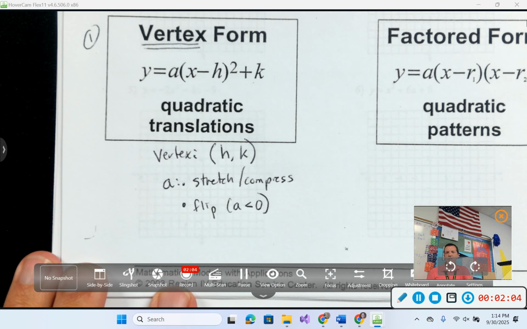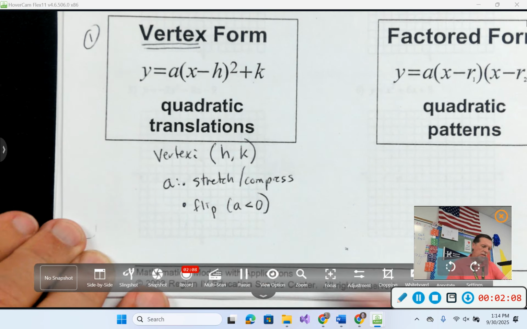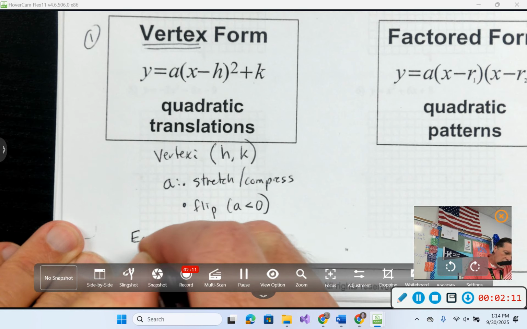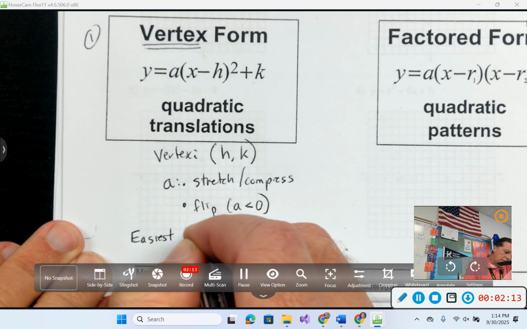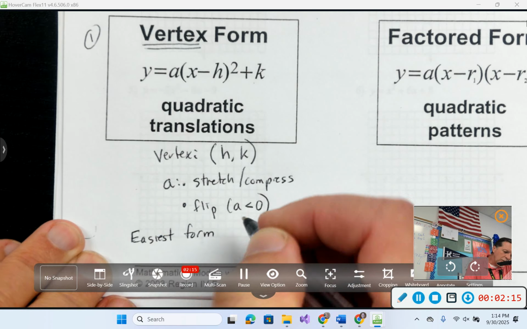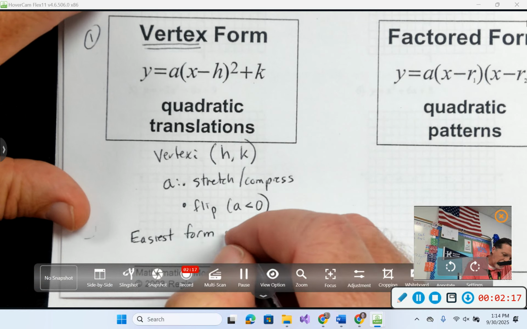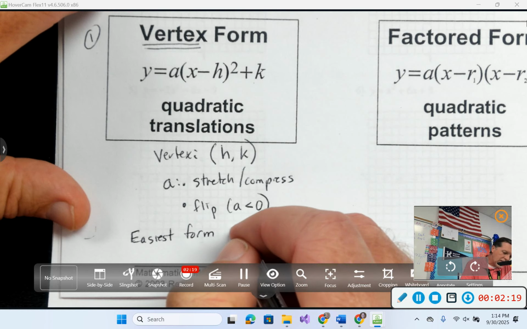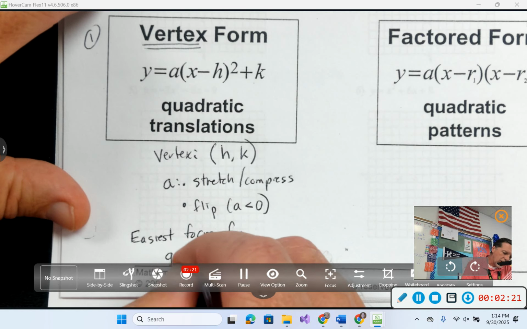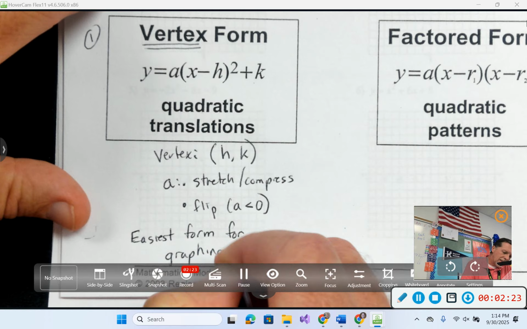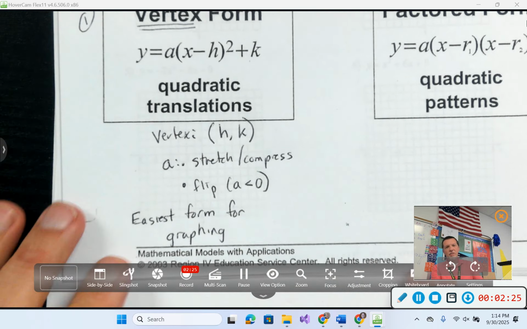Again, we're kind of just summarizing things you know, but we're taking a step back to try to see all of it at once. I suppose this is debatable, but I would debate you if you disagreed. It's the easiest form for graphing, because it's super easy to find the vertex.